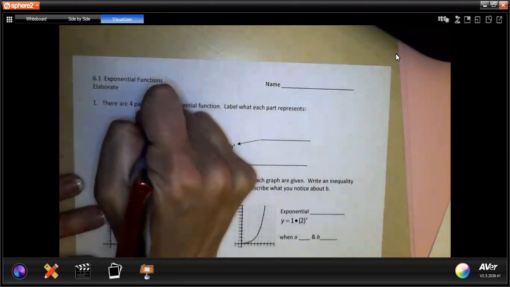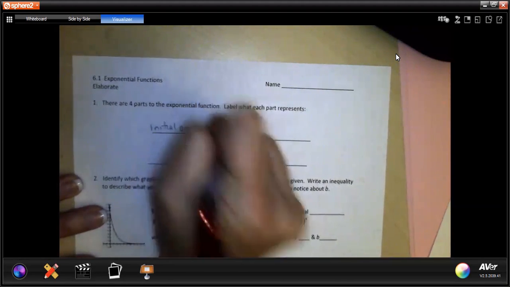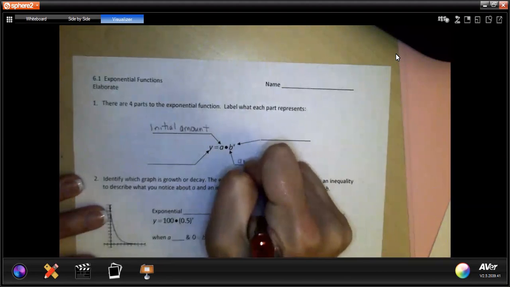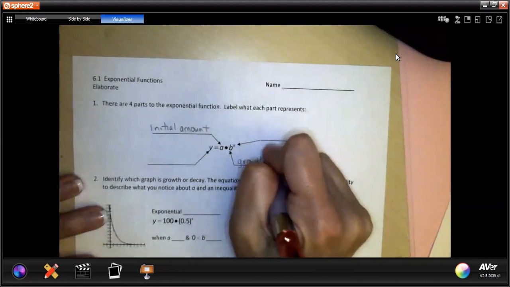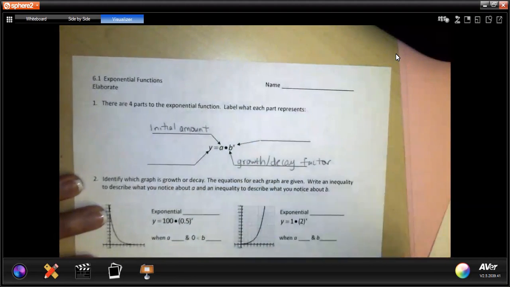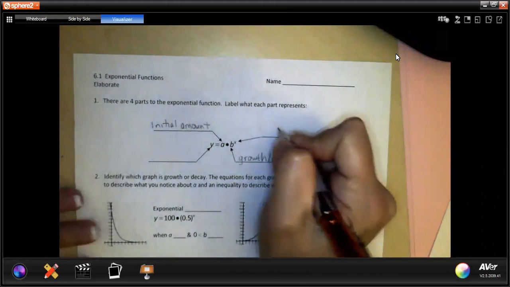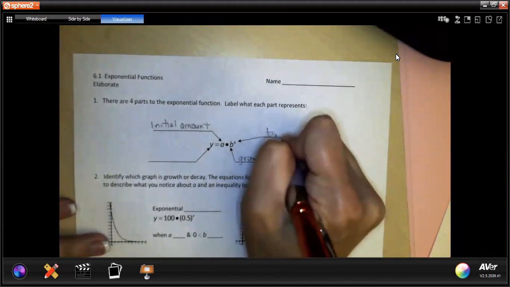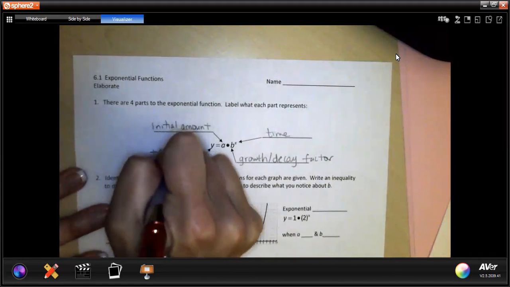So a is going to be the initial amount. b is the growth or decay factor. x is basically your time usually, or the number of rolls in this case. And then your y is your total amount.